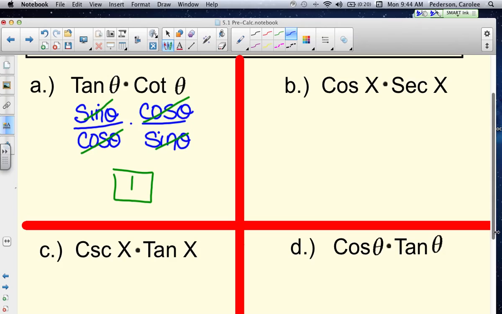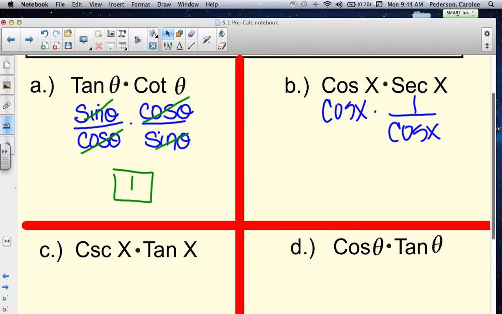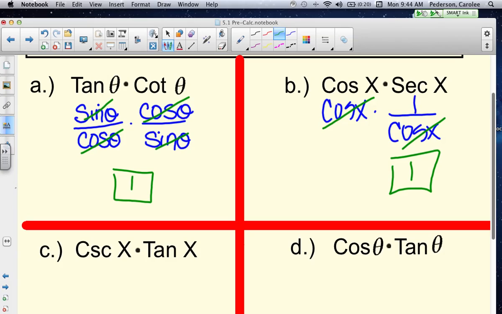There is a reciprocal identity that the secant of x is 1 over the cosine of x. And I'm going to keep this first piece as it is. What's the next step then? You can cancel again. You can cancel those cosines of x. So this cosine of x and this cosine of x cancel. So what are we left with then as our final answer? Just 1. So reducing the expressions down by using some of the identities on page 354.